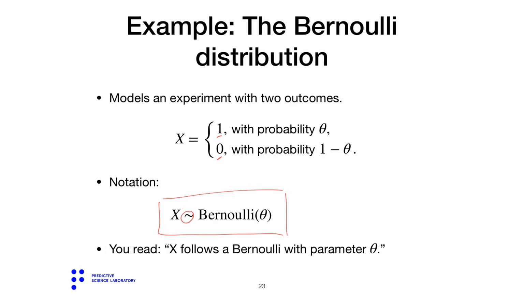Now this symbol right here is what is read "follows". What you have on the left of this symbol is a random variable, and what you have on the right is a distribution for that random variable. So the distribution, if you like, is the probability law that the random variable is following.